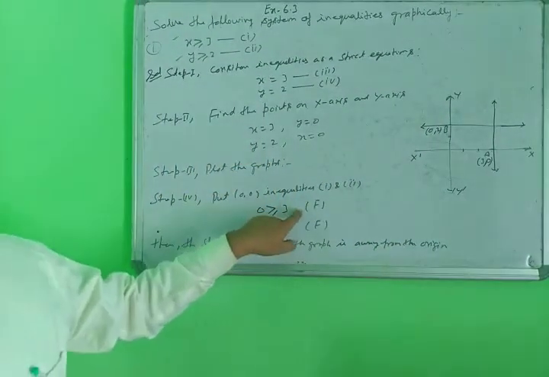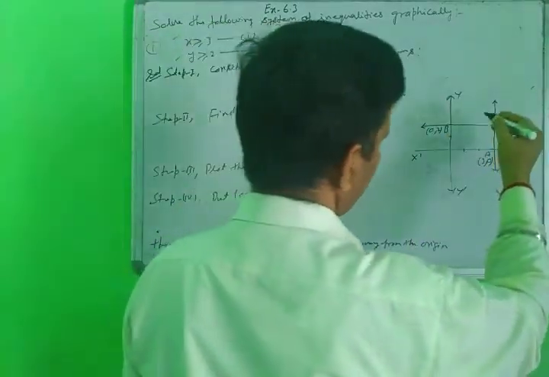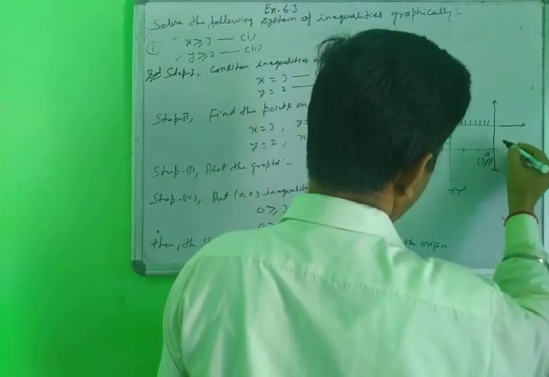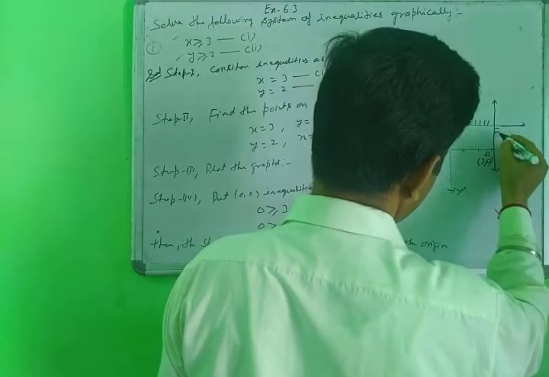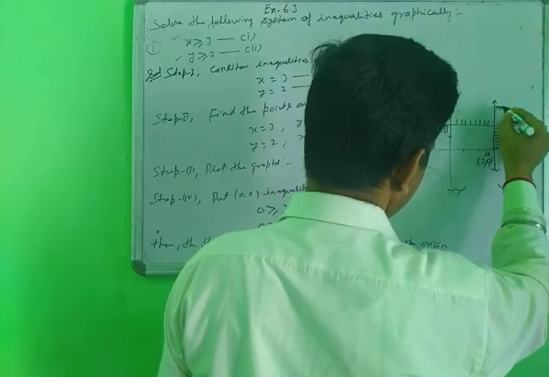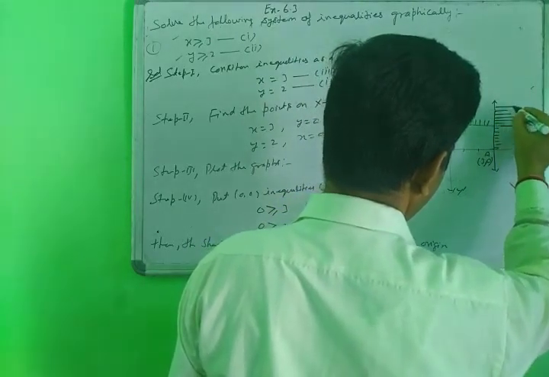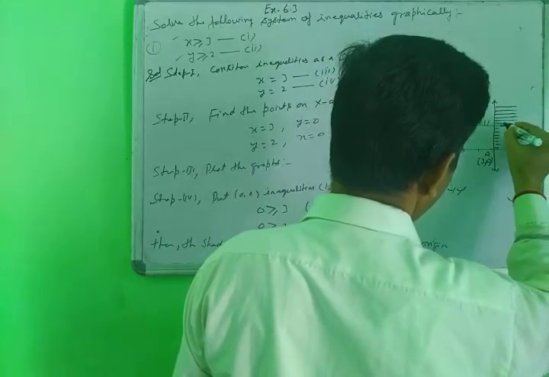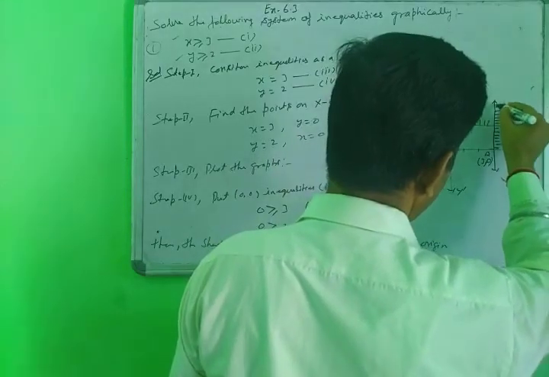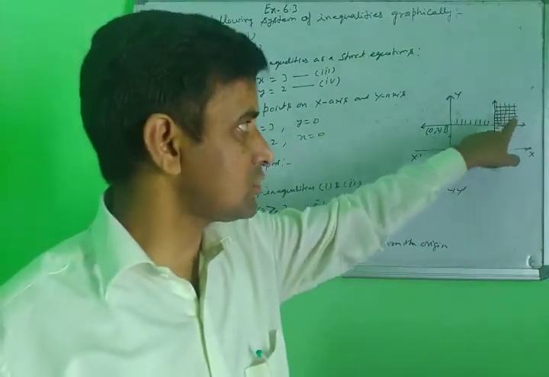This is the false part, away from the origin, and this is the false part too. This part is your common part. This is your common portion, so this is your solution part.